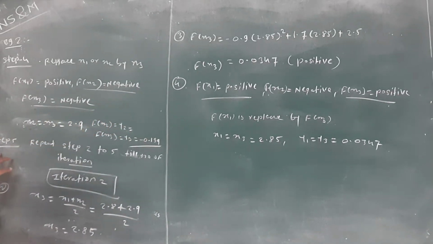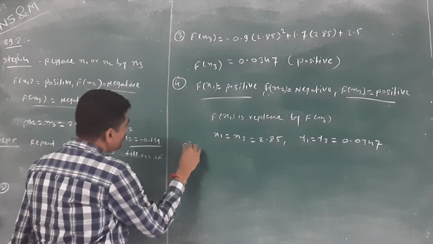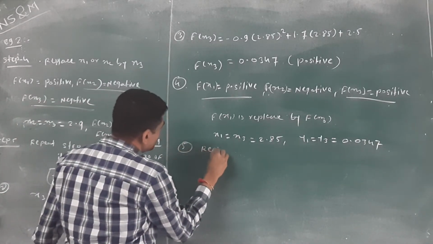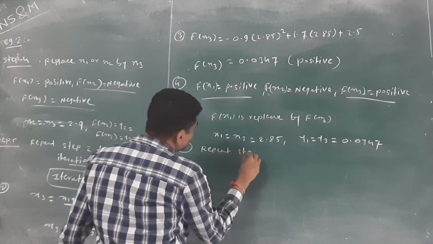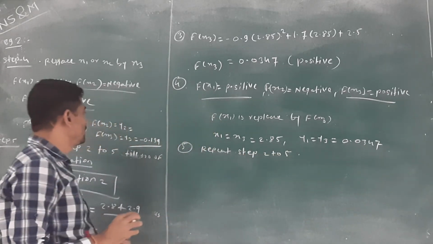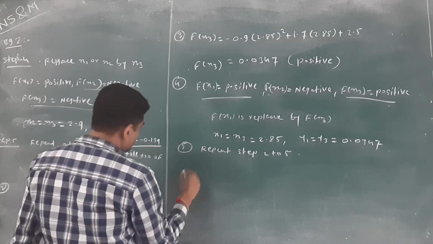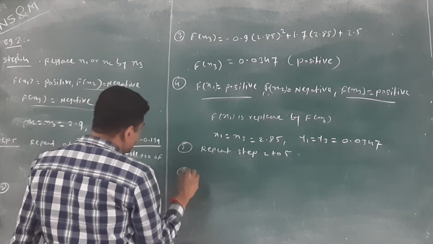Again I will write here step number 5: repeat steps 2 to 5 till we reach the required number of iterations. Again you have to repeat step number 2. What is step number 2?